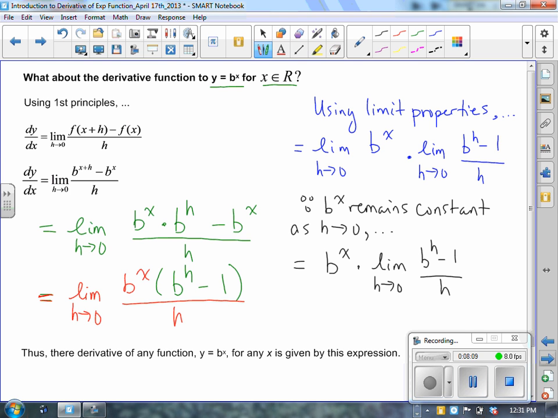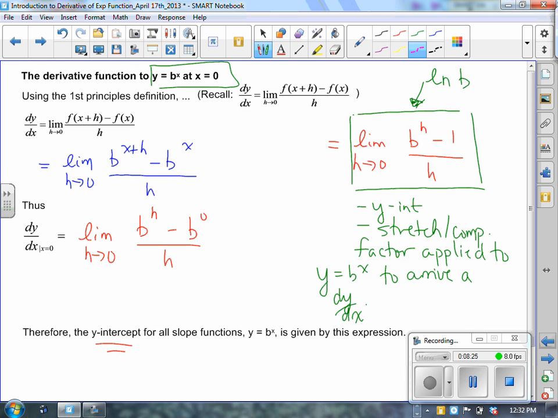There's something really neat going on here if you focus on this piece. Let's take a trip back for a second, because we have the same thing happening here, where we said y-intercept, ln b, stretch factor.